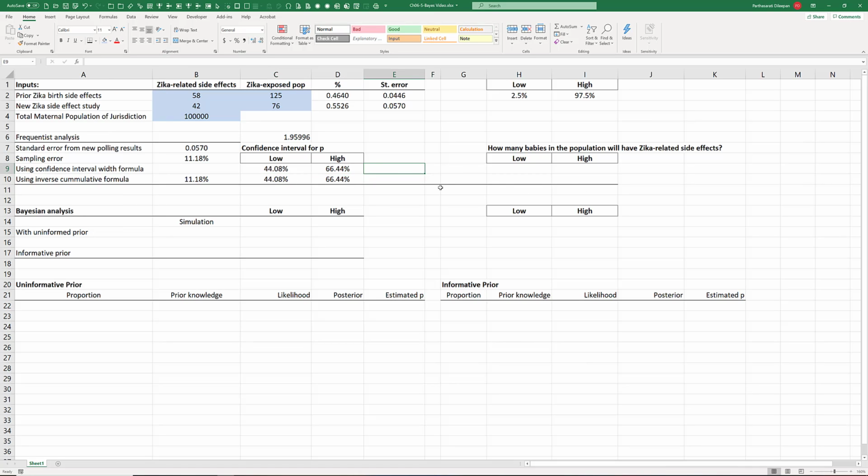Now, how many babies will end up with adverse effects? So you take the 100,000 and make that absolute reference times the lower confidence level, right?